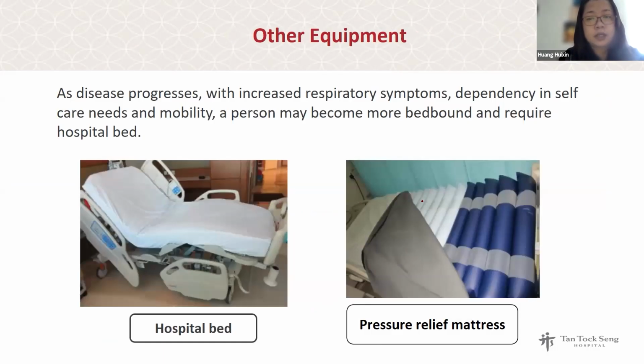Okay, but most of our patients with MND tend not to work very well with Roho because firstly they are not very stable in sitting, and also they are looking at different areas also. As the disease progresses, the other things that we are looking at are a hospital bed and also a pressure relief mattress. These are the things that we will normally prescribe for patients.